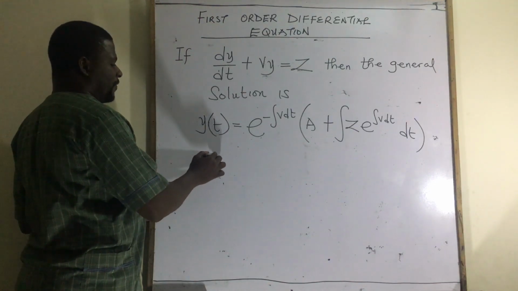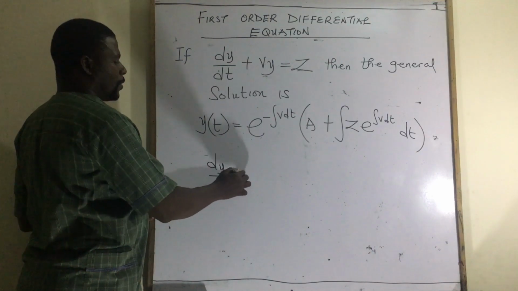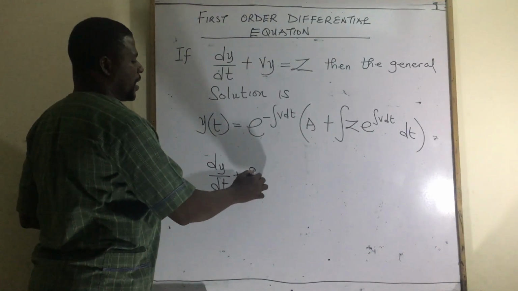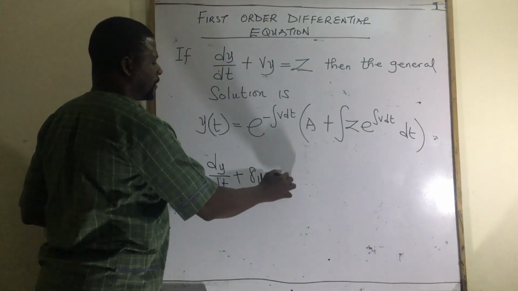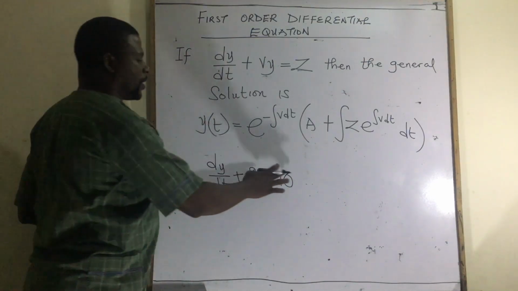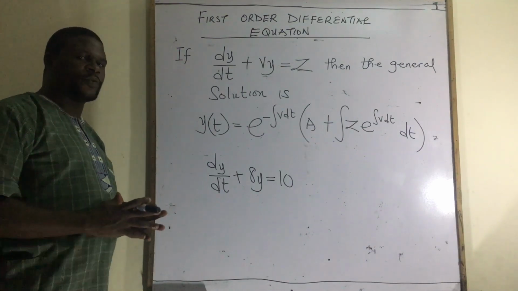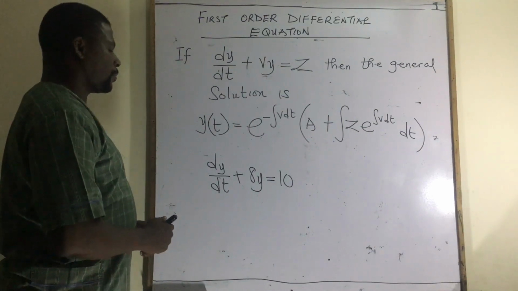Now, if I have dy/dt plus 8y equals 10, then because of the dy/dt that I have, I know it is a first order differential equation.